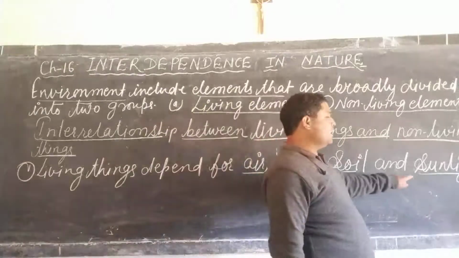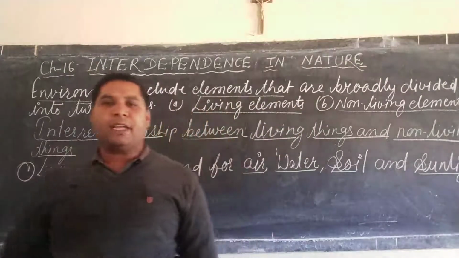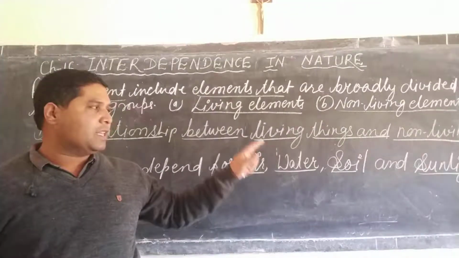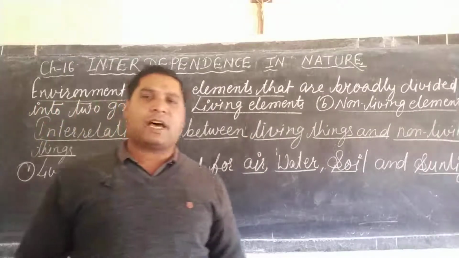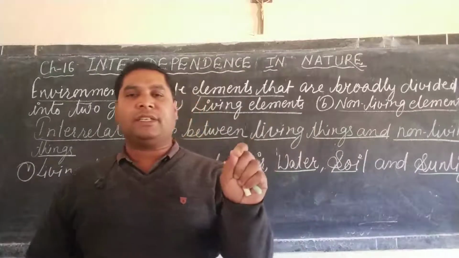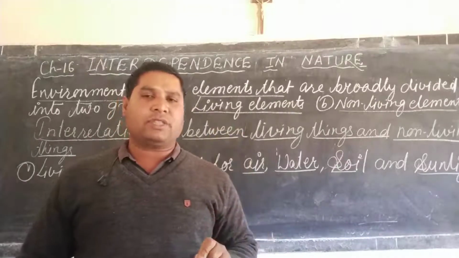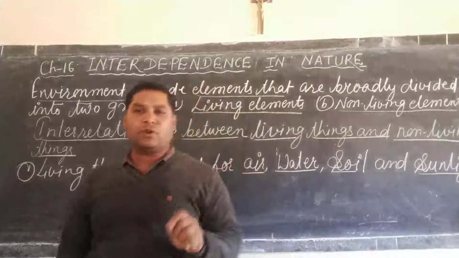Sunlight. Sunlight is the main source of energy, and only by sunlight are green plants able to make their own food. Dear student, you are well aware of the process of photosynthesis. What is photosynthesis?